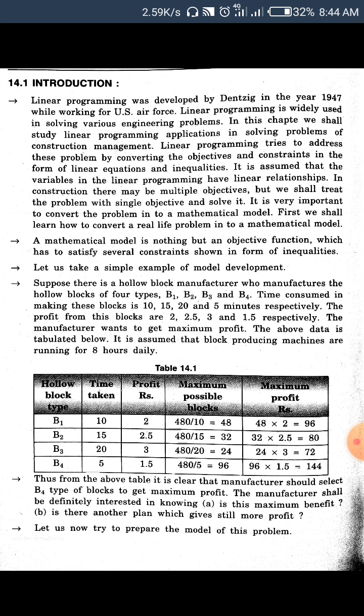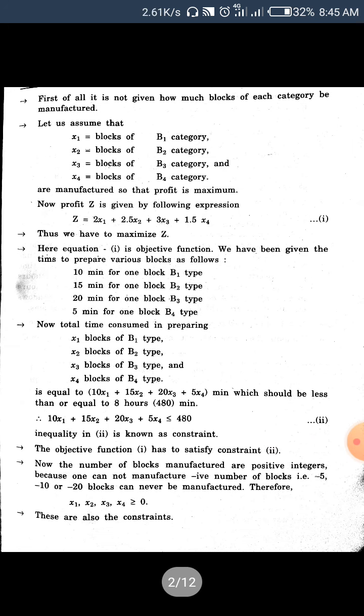These 2, 2.5, 3 and 1.5 are the profits. See column number 3 in the table. Here B1 type is 2, B2 type is 2.5, B3 is 3 and B4 is 1.5. And in place of b1, b2, b3 and b4 we take x1, x2, x3 and x4, and z is the profit.